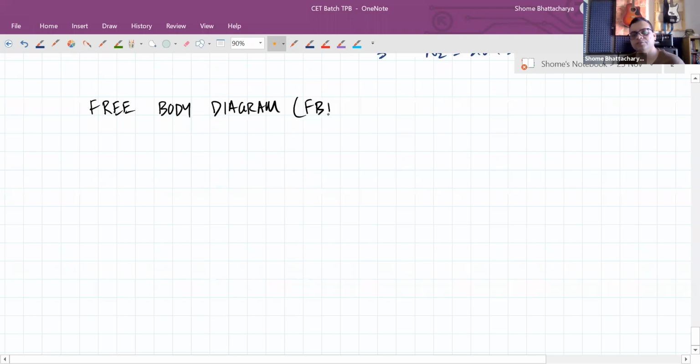So in short we call it FBD, and free body diagram analysis for a given body or object.